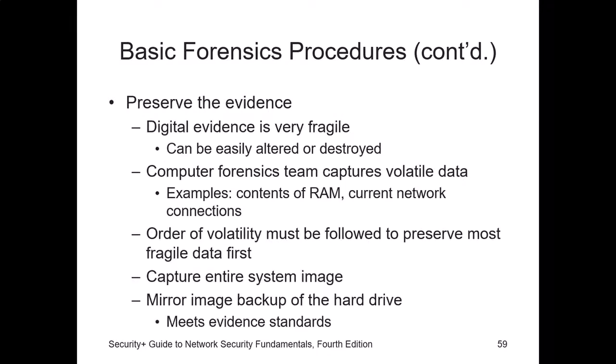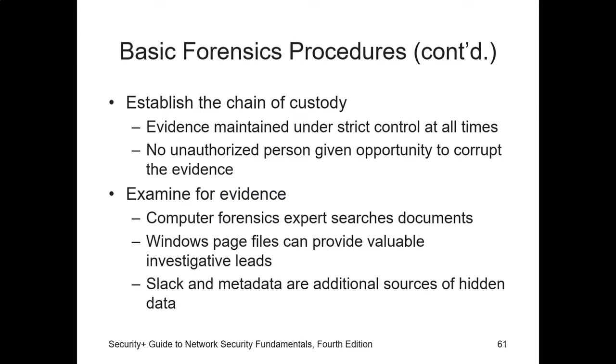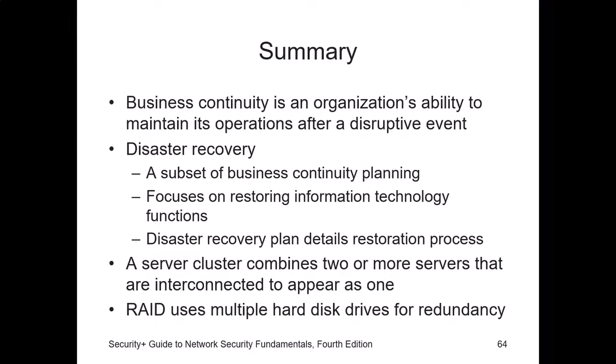After securing and preserving the evidence, make sure nobody plays around with or has access to the system that's been compromised. Establishing the chain of custody means evidence is maintained under strict control all the time. Then examine the evidence, and I think that's it for the chapter.